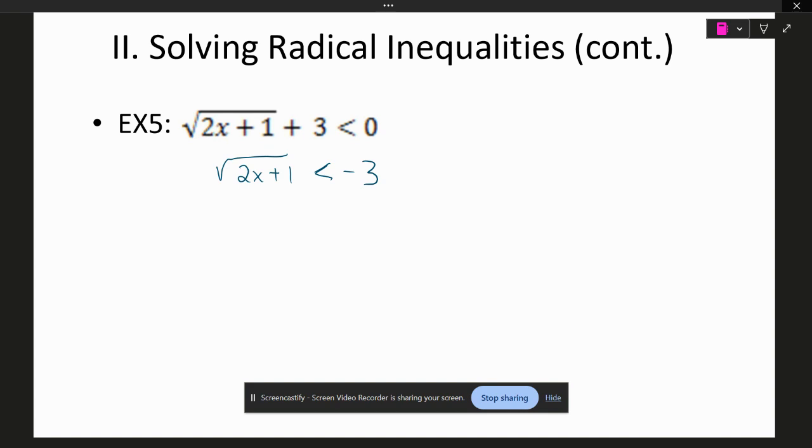A radical, in order to work, has to be somewhat positive on the inside, and you'll end up with a positive solution. That positive number will never be less than a negative. So in this case, this will be no solution.